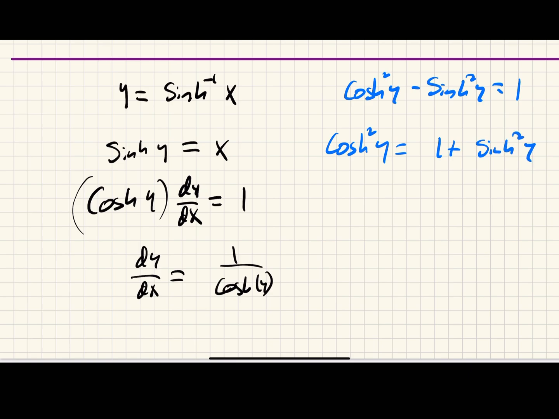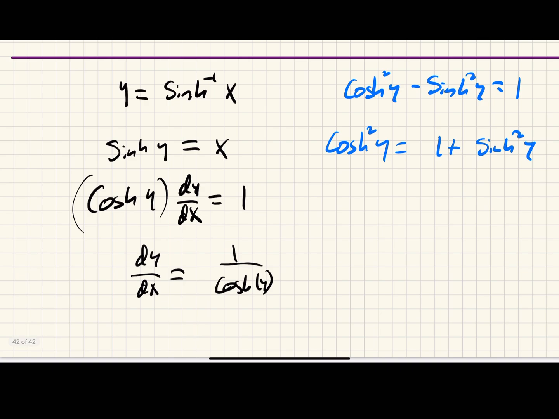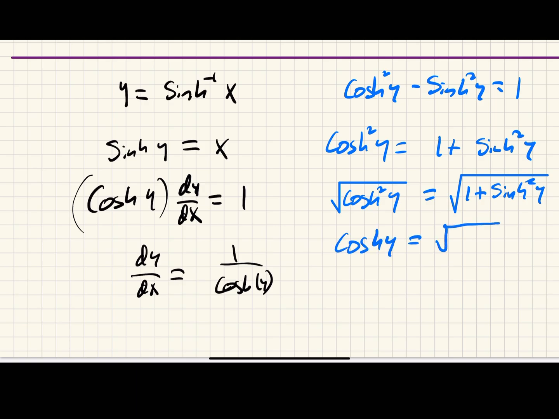And if I was to square root both sides, do you see how it's starting to get kind of handy now? Why am I not doing plus or minus on the right over here? What do I know about hyperbolic cosine? Yeah, it's always positive.